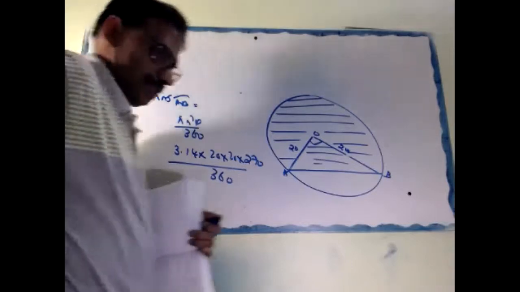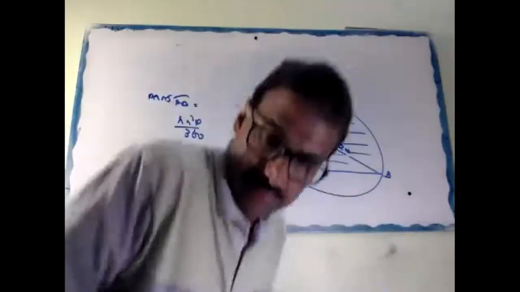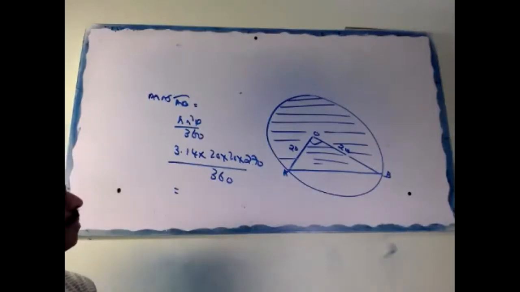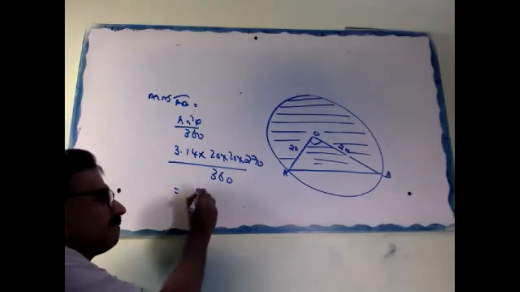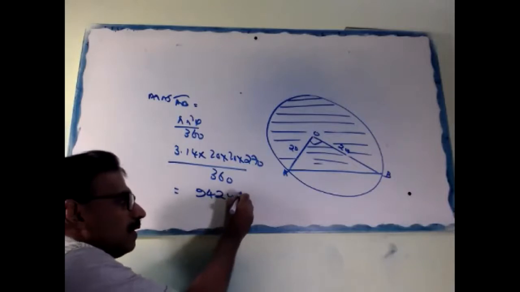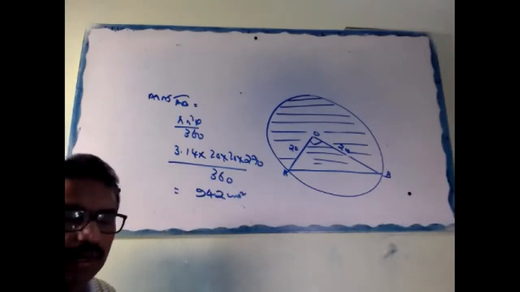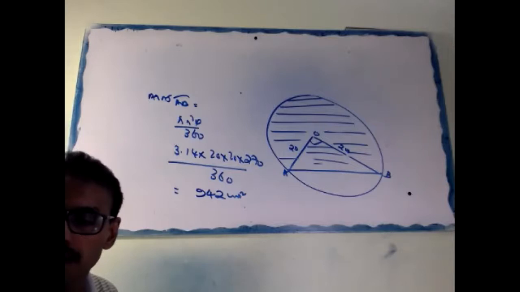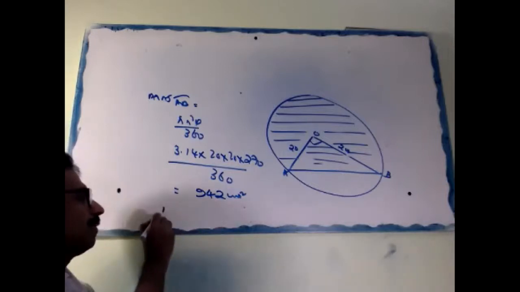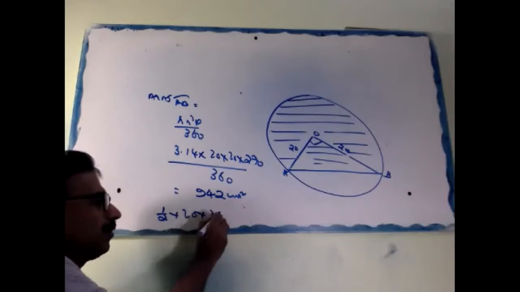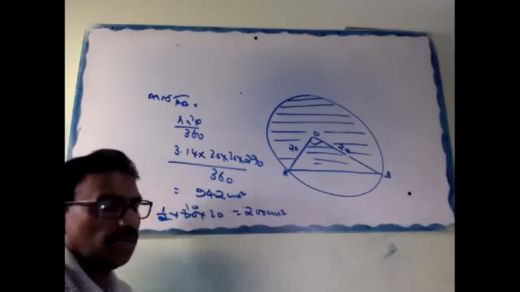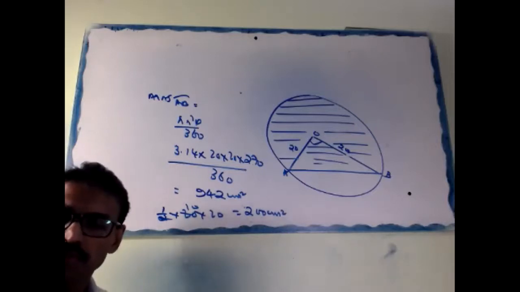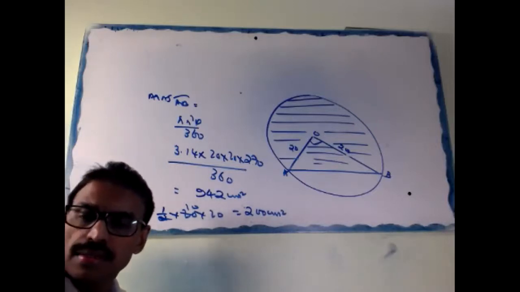How much did you get? 3.14 into 20 into 20 into 270 by 360 is 942. Okay, then area of triangle: half into 20 into 20 is 200. Therefore, total is 1142.